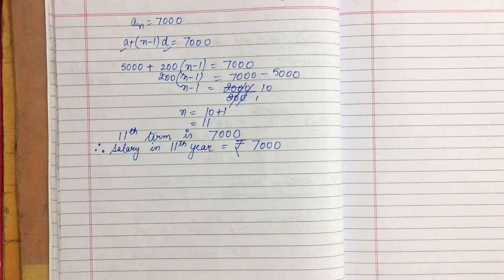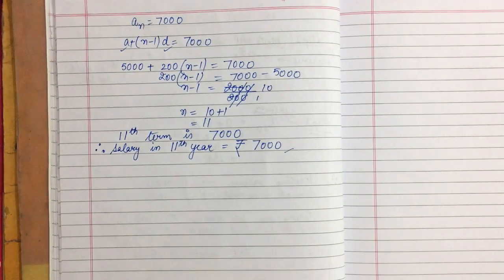As Subbarao's salary keeps increasing, in the 11th year he will receive a salary of 7,000 rupees.